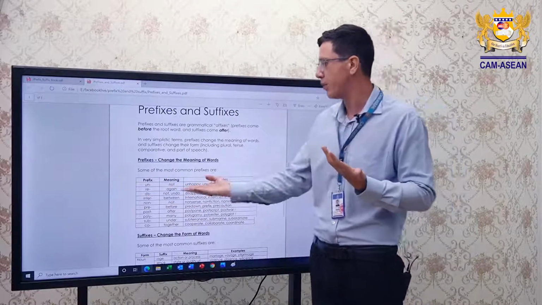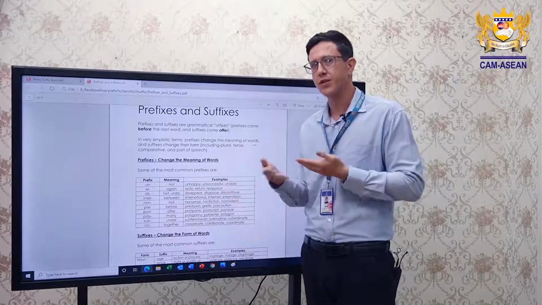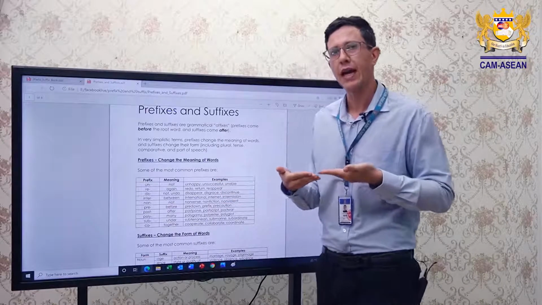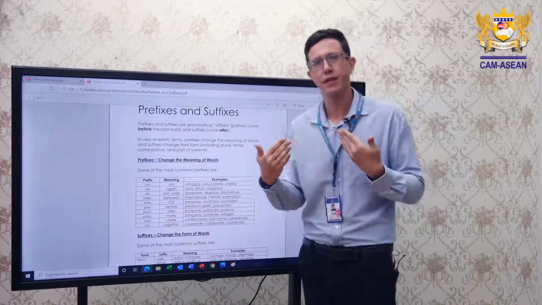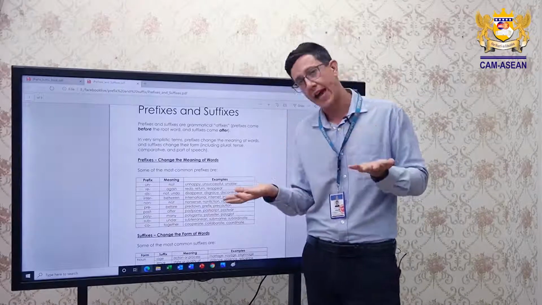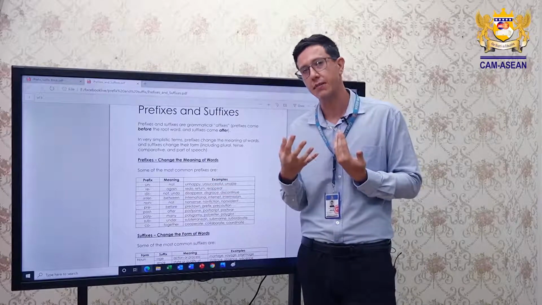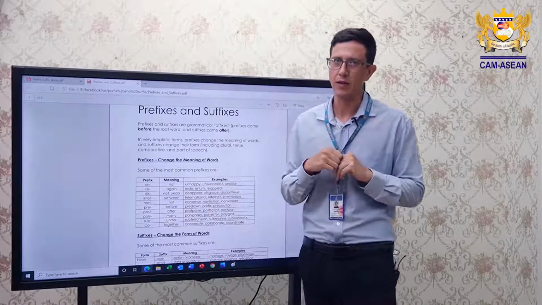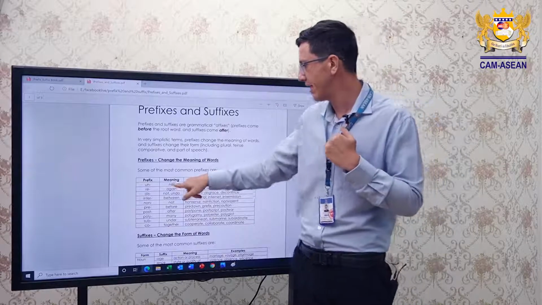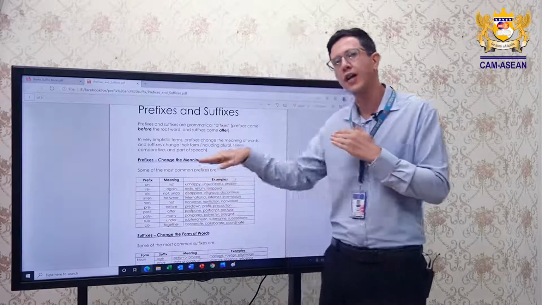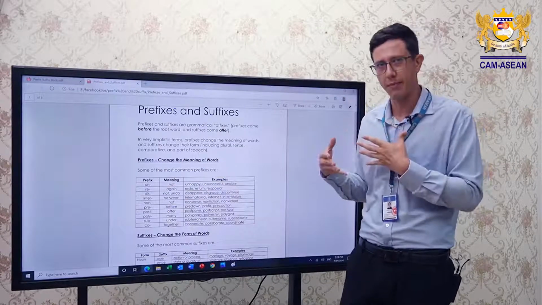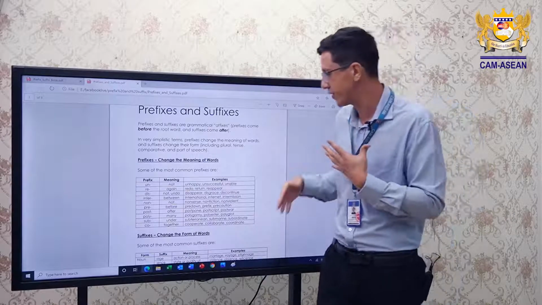For example, happy is the main word, and I want to change the meaning to mean sad. So un means not, so unhappy means not happy. That's all prefixes are doing.